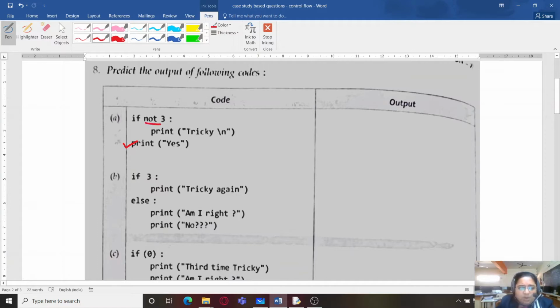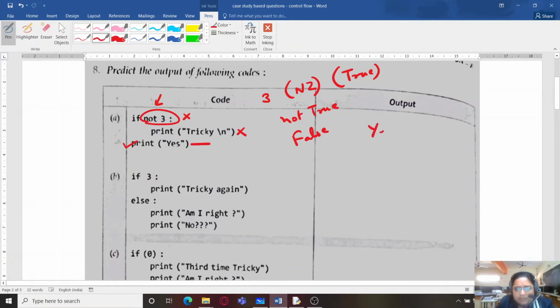So what do we understand by not 3? 3 is a non-zero value, and any non-zero value will be considered as true, and not 3 will make it not true, which will be evaluated as false, and hence this condition will be false, because of which this statement won't be executed.